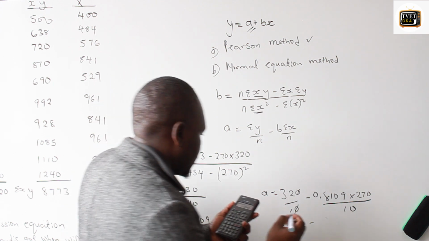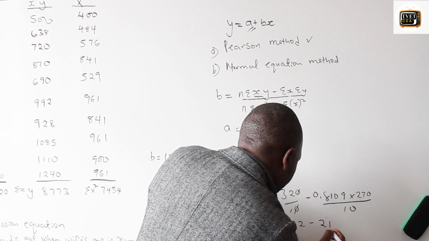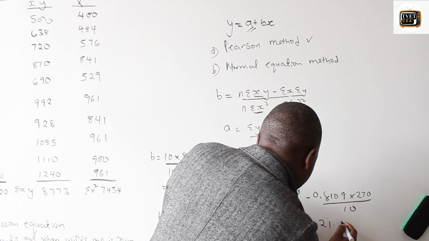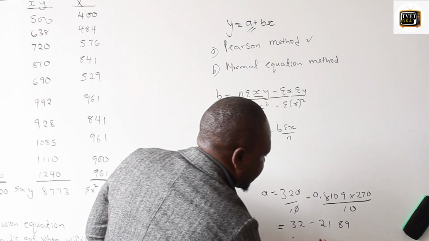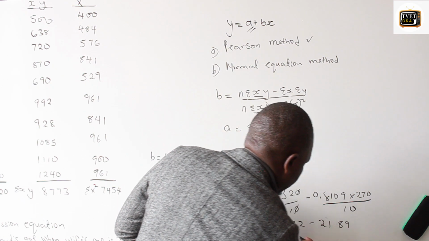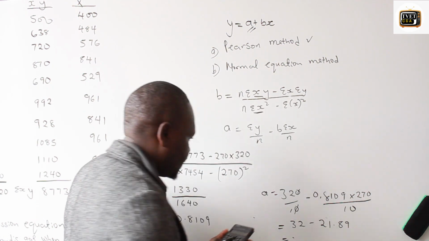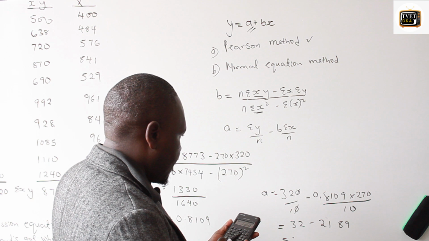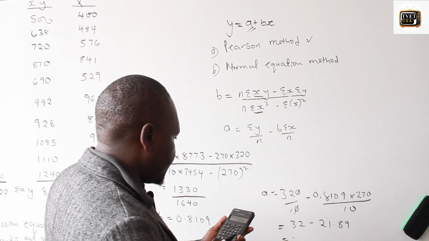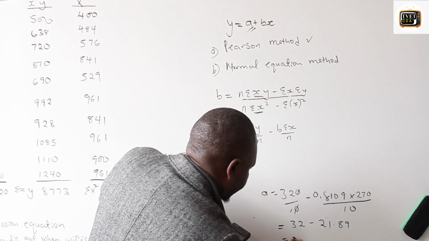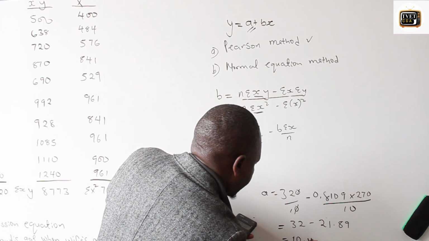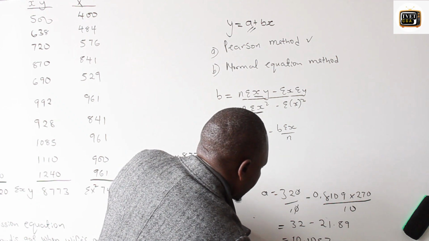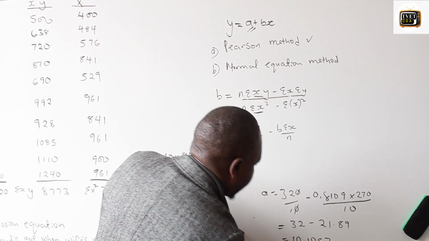You get 21.89. 32 minus that value, you get 10.1057, which is approximately 10.